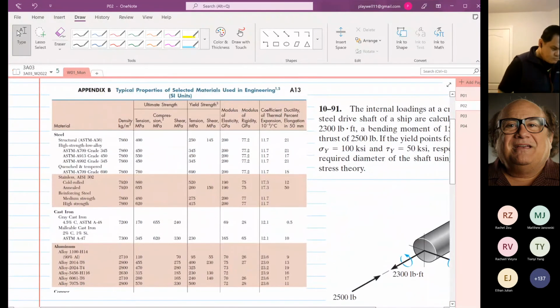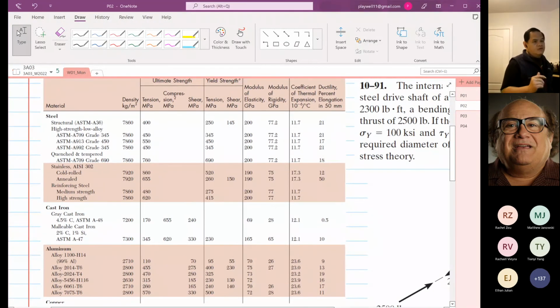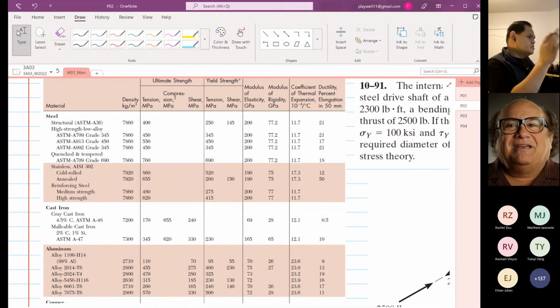By looking at this table, can anyone tell me? I'm trying to make you recall what you learned from 3C. Any idea what test they do to get the data of the yield strength and the ultimate strength?